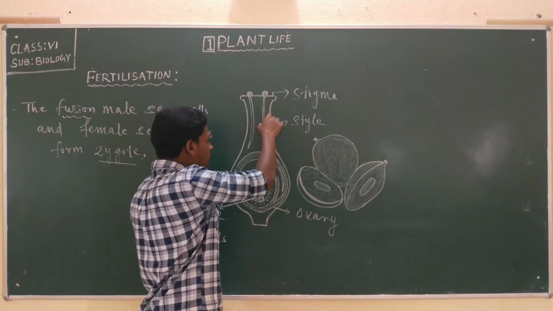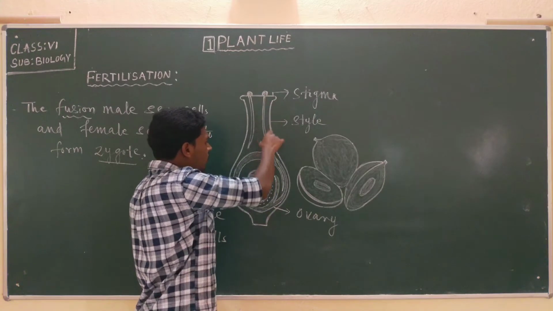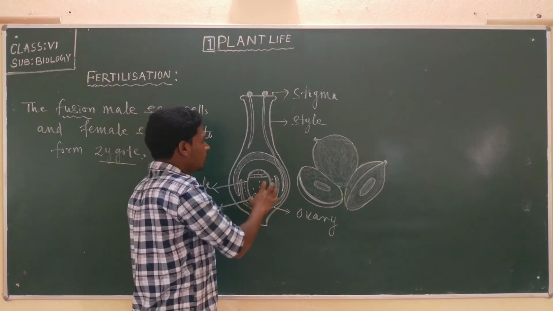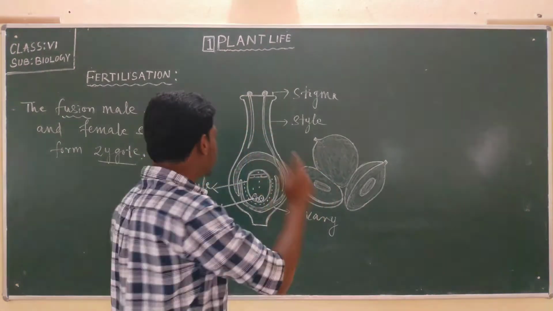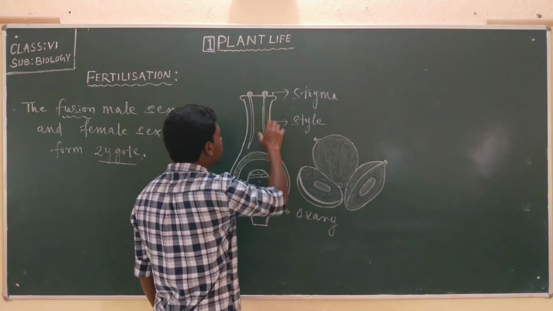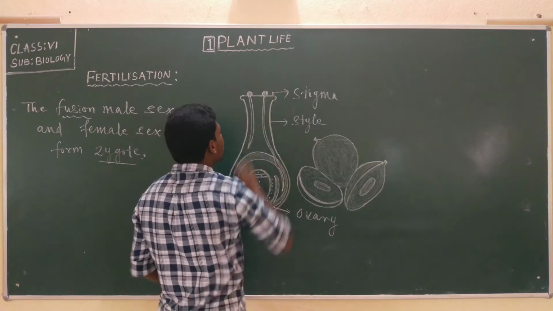This pollen tube, running all through the style and reaching the ovule, is also carrying the male sex cells present in the pollen grain.